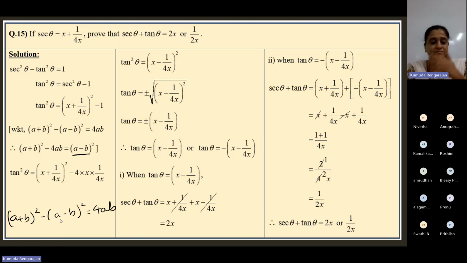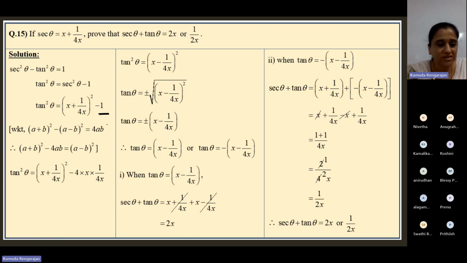So a plus b the whole square minus 4ab is a minus b the whole square. So use this identity, and you'll have to write 1 in the form 4ab.